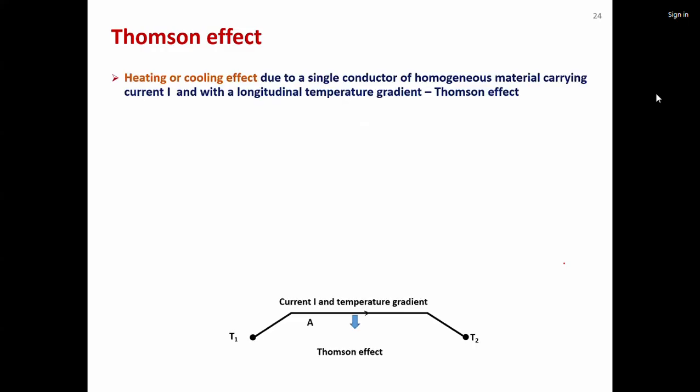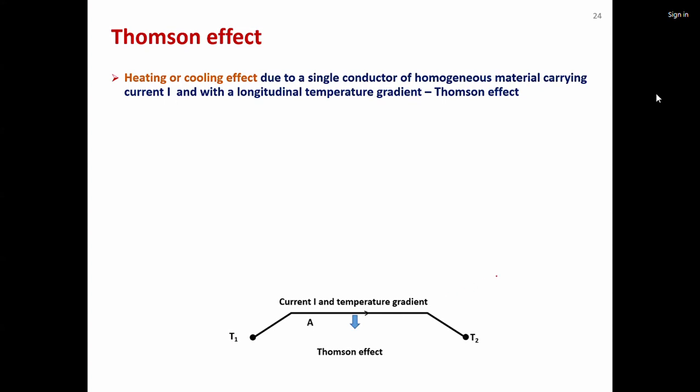Then we have the Thomson effect, which talks about a single current-carrying conductor. You have a single current-carrying conductor with two points, T1 and T2, and current is flowing through it.